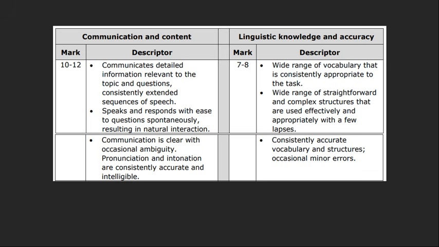If you want to be in the top band, which can get you 10, 11, or 12 marks, you need to communicate detailed information relevant to the topic and questions and consistently extended sequences of speech. So your ideas must be related to your topic, and you must be able to communicate them clearly, going into detail. So lots of extra information there.